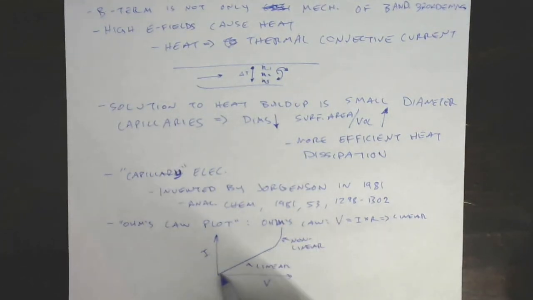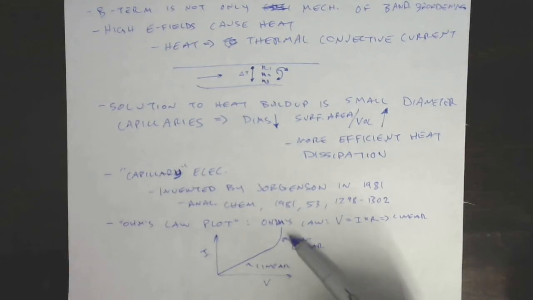So in the linear range you have one value, the same value for R, and you get the same slope everywhere. Once you start producing enough heat that you change those properties, you no longer have the same resistance at this voltage as you do at this voltage, and so you don't get a linear relationship. You start to go nonlinear. It's a fairly straightforward concept: the trend goes nonlinear when heating occurs in the solution.